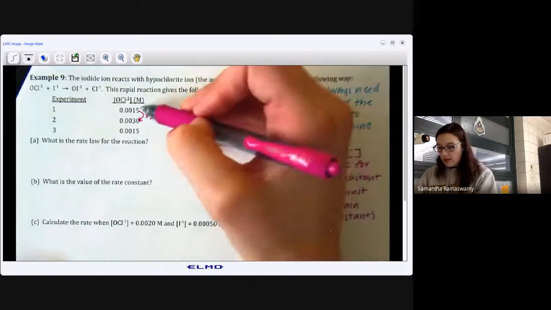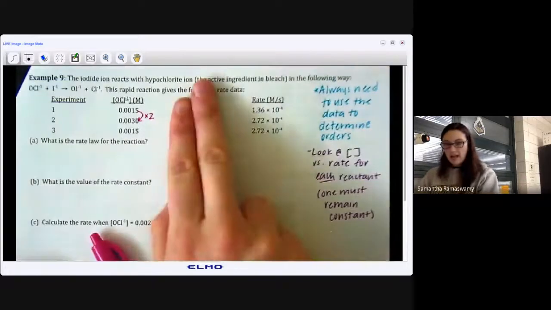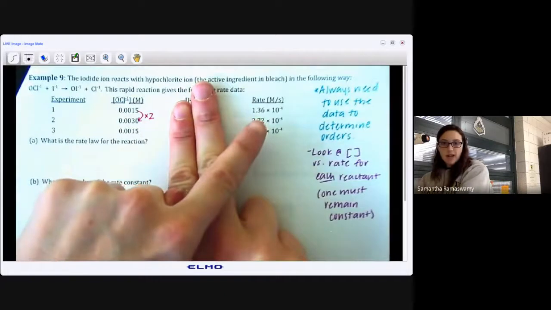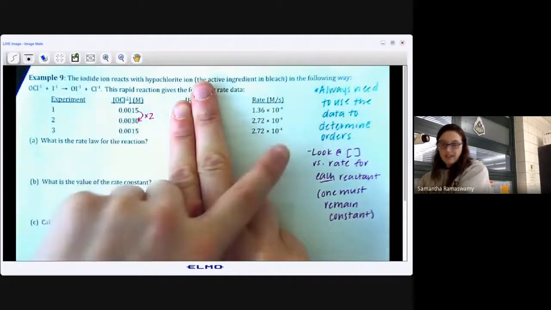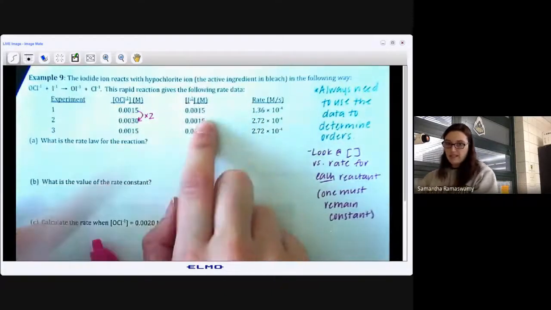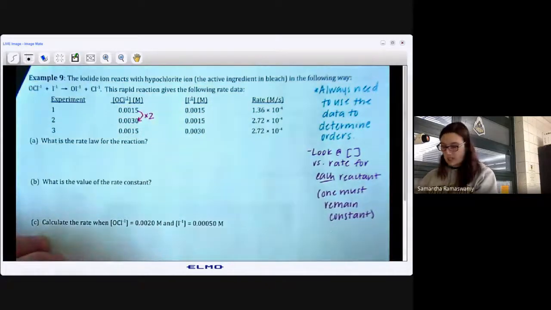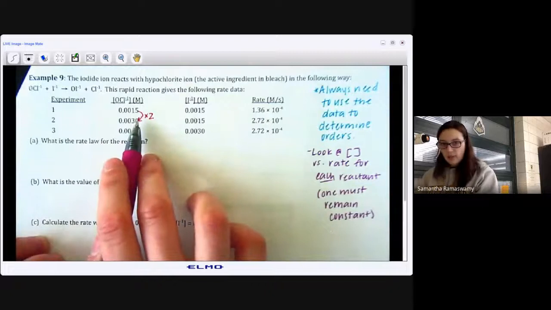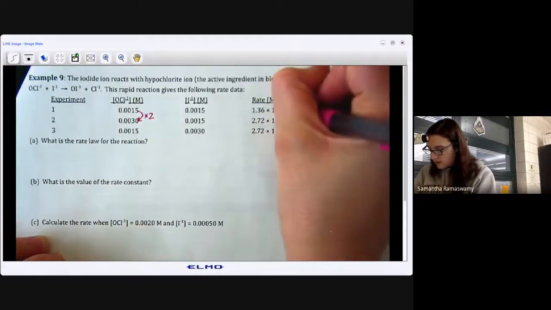So OCl minus, what I'm doing right now is I'm looking at how does OCl minus affect the rate. And in order to look at how OCl minus affects the rate, I need to make sure that I minus isn't affecting it either. So it needs to stay constant. So as OCl minus doubles, we need to look at the rate.